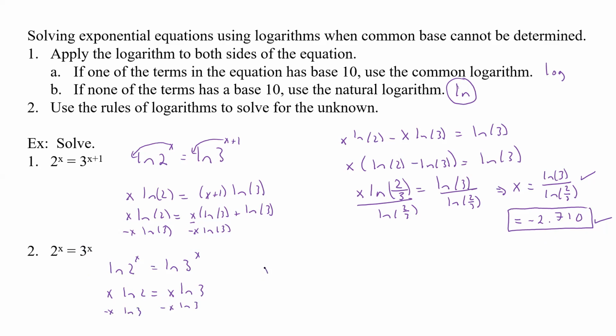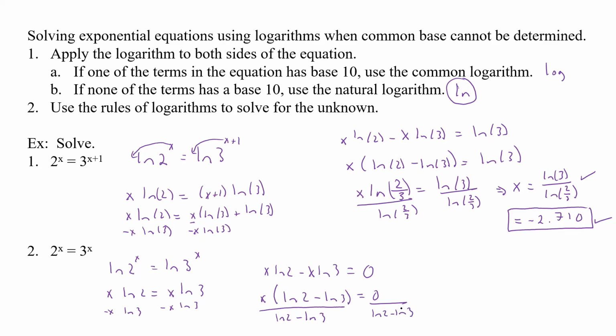And so that gives me x ln of 2 minus x ln of 3 equals, well, when I subtract that off, that just equals 0. So then x times, now I have the ln of 2 minus ln of 3 equals 0. Now let's not get fancy this time. Let's say, well, let's divide both sides by ln of 2 minus ln of 3.